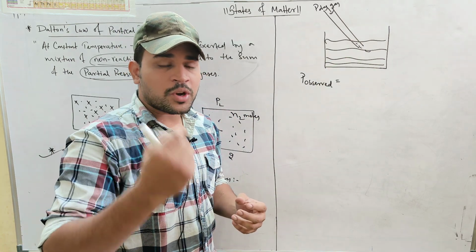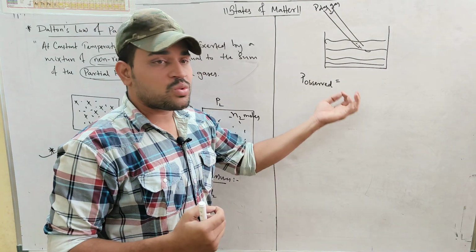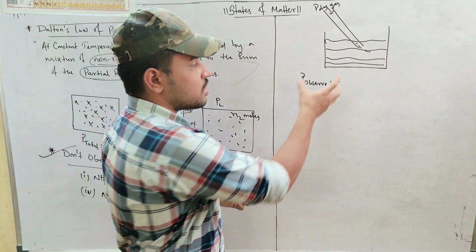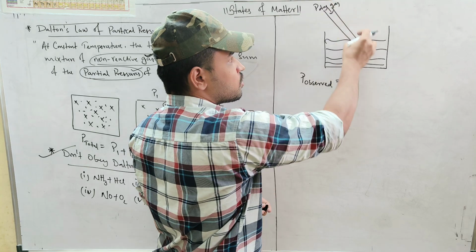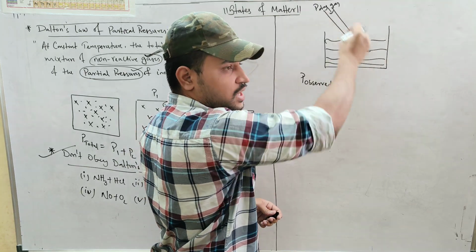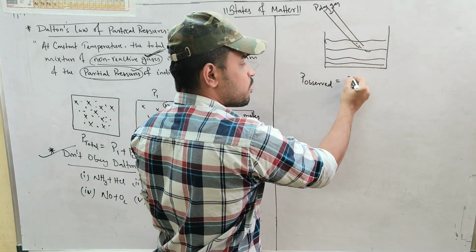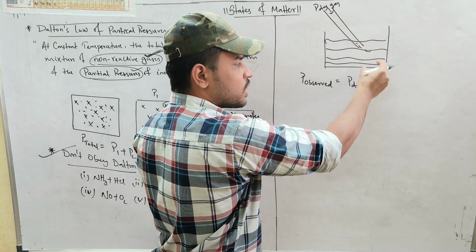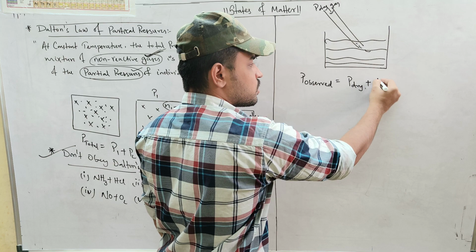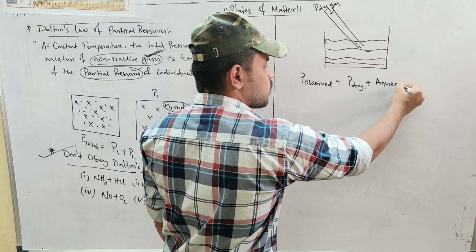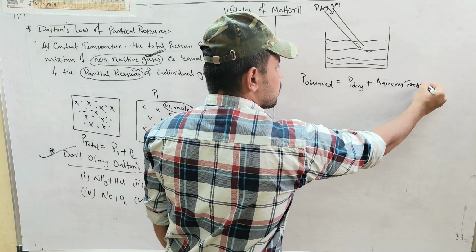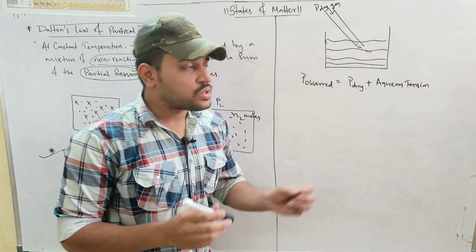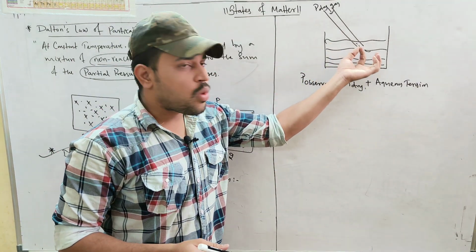The pressure due to water vapors is called aqueous tension. So the total pressure becomes the pressure of dry gas plus aqueous tension. Aqueous tension is the pressure produced due to water vapors.